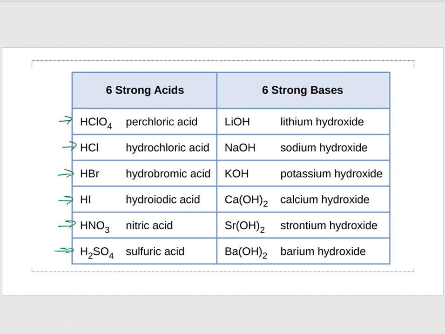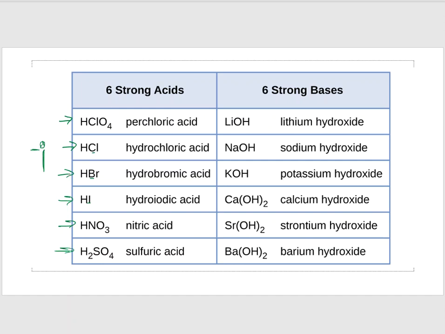Now, if you look at the positions on the periodic table, you're going to see chlorine, bromine, iodine, all in the halogen group, but they're going to leave off fluorine up here at the very top. It is not classified as a strong acid. And then you look at nitric and sulfuric, N and S. You're actually over in this area right now.